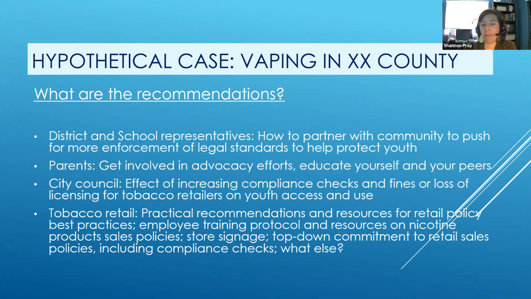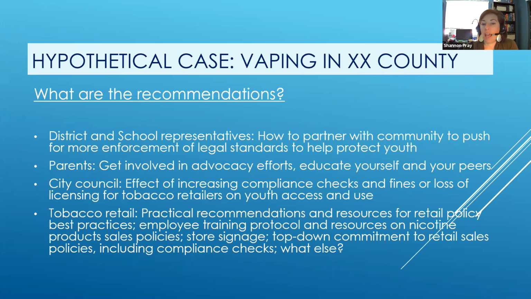For parents, the recommendation might be to get involved in advocacy efforts to educate yourself and your peers on what's going on, how you can help, and what your advocacy could do. For city council, the recommendations might be on the effects of increasing compliance checks, or that compliance checks need to increase, I guess could be how to say that, and fines or loss of licensing for tobacco retailers on youth access and use.